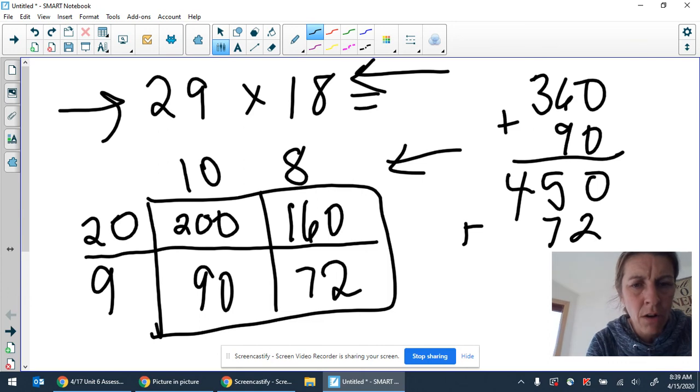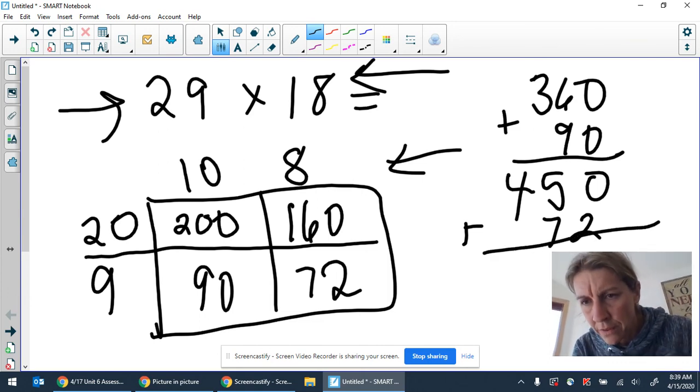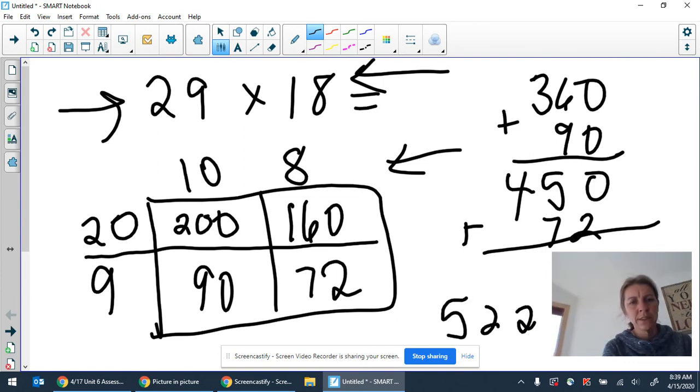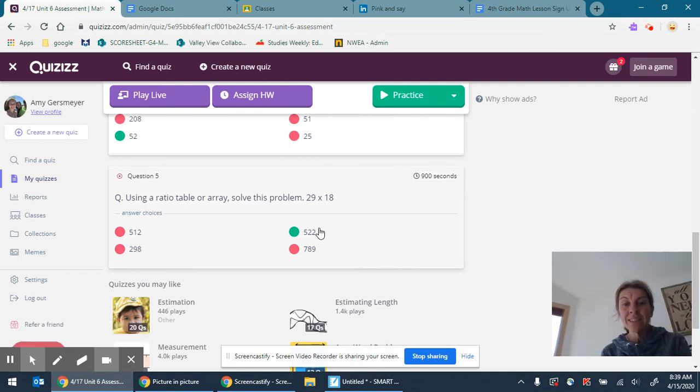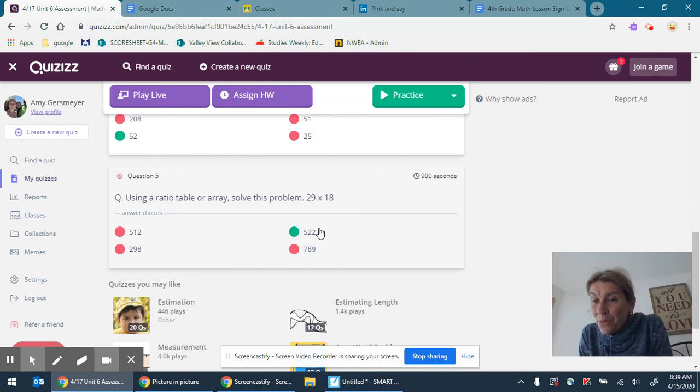I'm just adding all of the numbers in here. 450 plus 72 is 522. Let's just make sure that was an answer. And that's how we used an array table or area model to solve this multi-digit multiplication problem. So that was your quizzes. Hope this helps you better understand or even become a little more efficient with these skills.